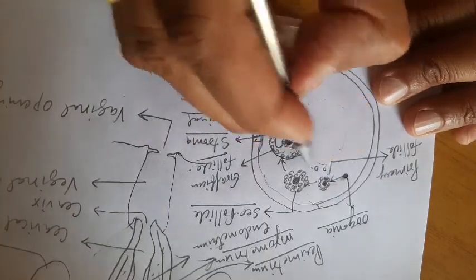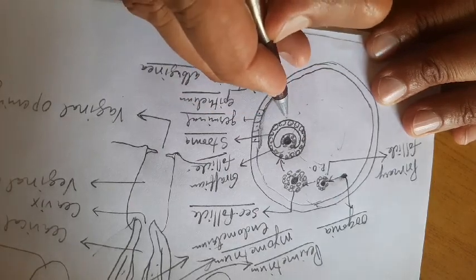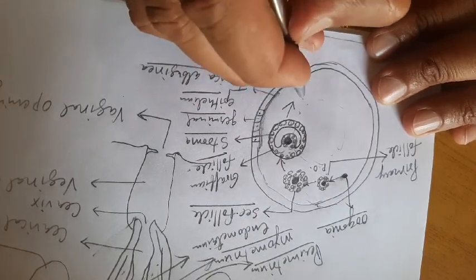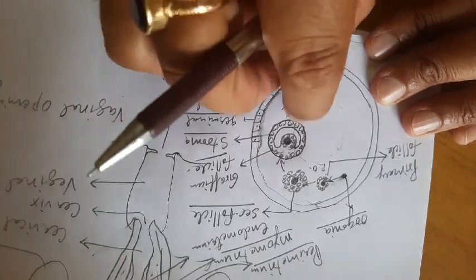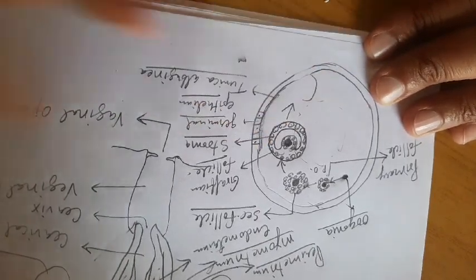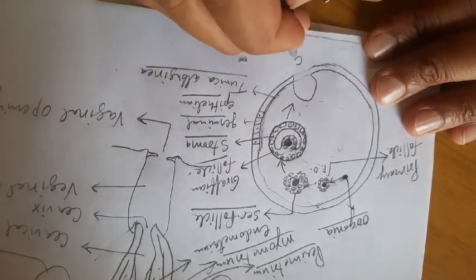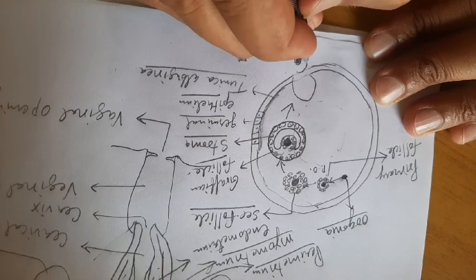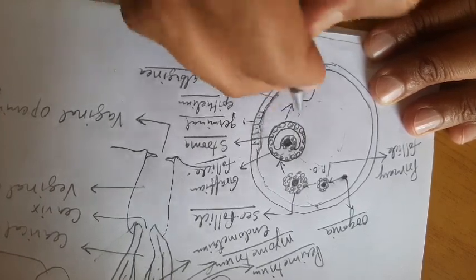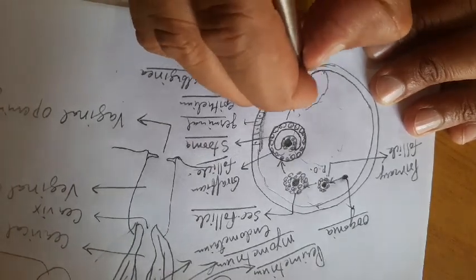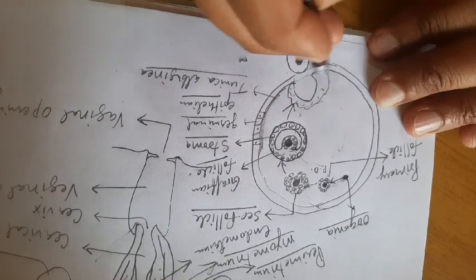This happens during the first 14 days of the menstrual cycle, and later on the 14th day, this Graafian follicle ruptures and the ovum is released from the ovary. The rest of the follicle acts as an endocrine gland.